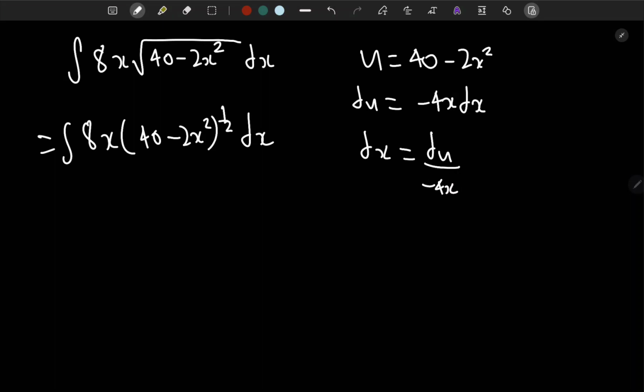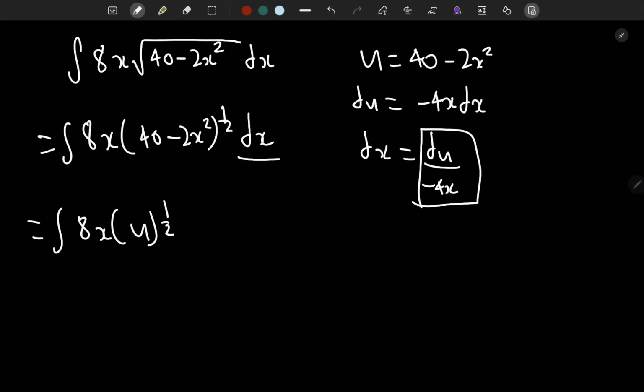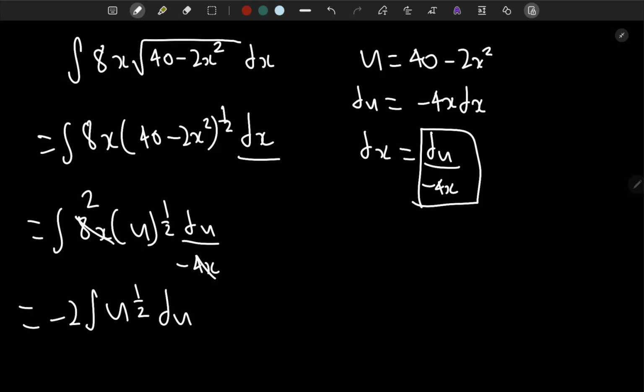And now we can go back to the original equation and substitute what we have, u to the power of half, and dx is this part over here, so du over minus 4x. This can cancel out with this, we're left with 2 here, and we can bring the minus over there also, and we're left with minus 2 integration of u to the power of half du.